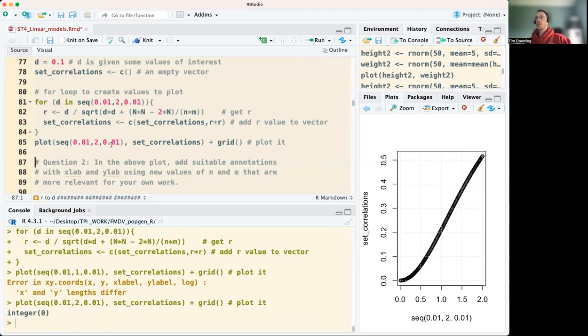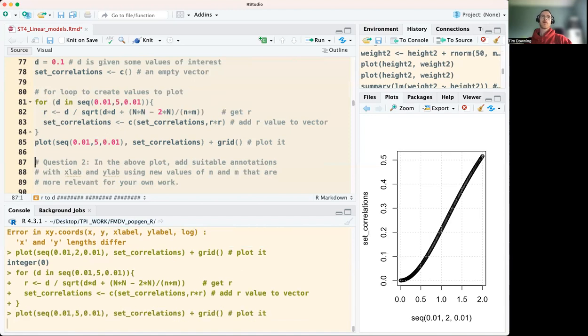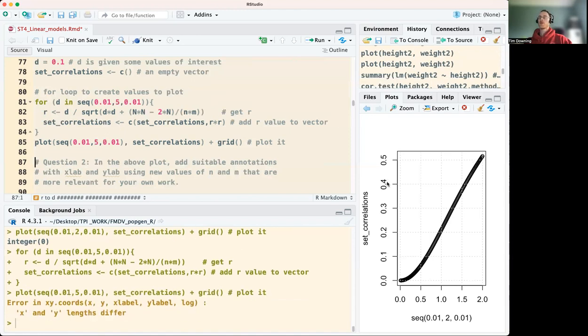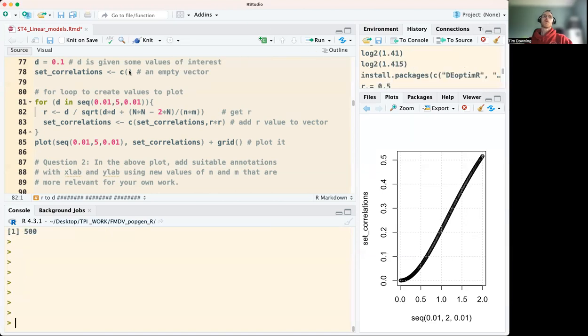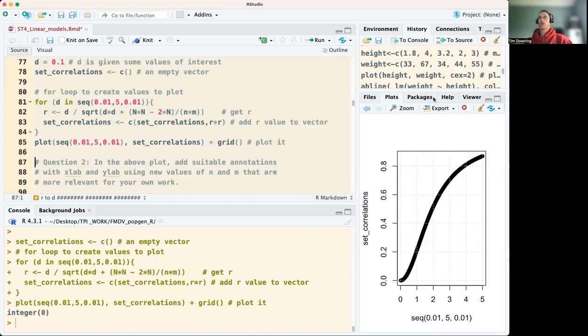There, we can see we get a wide range of correlation coefficients, and we could increase this further, say to 5, and do the same for the plot to see if we get much higher correlation coefficients. So let's just try that once more, and then if we see for that plot there, we get higher correlation coefficient values.